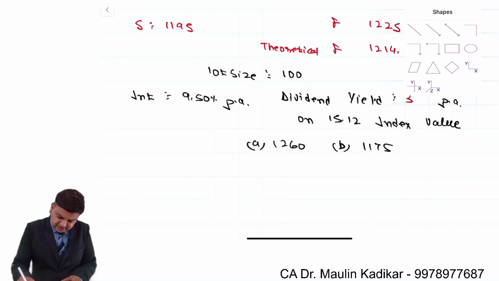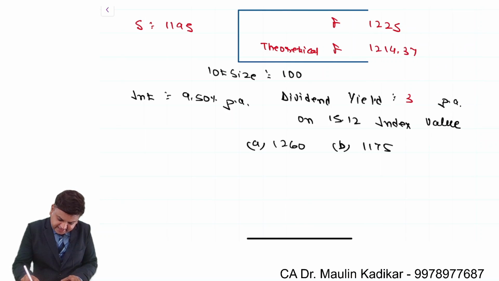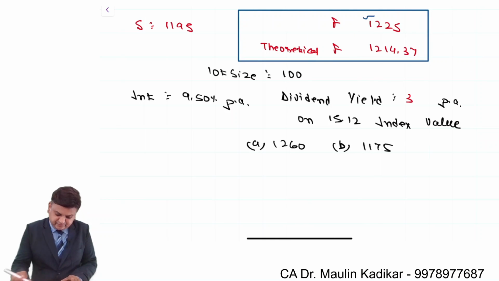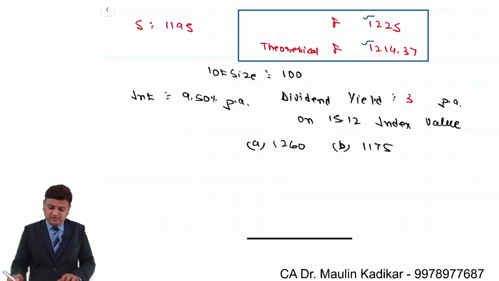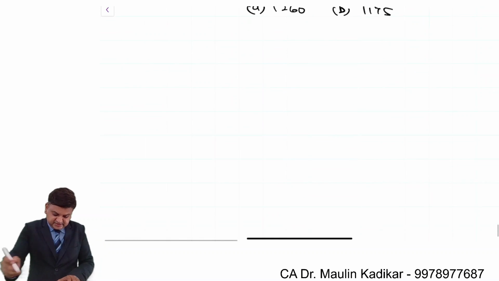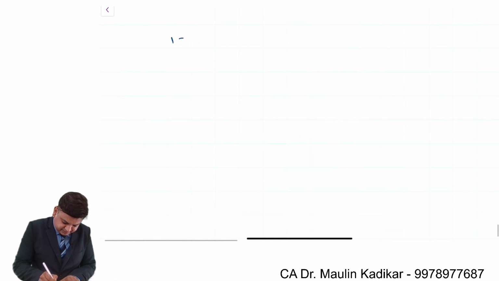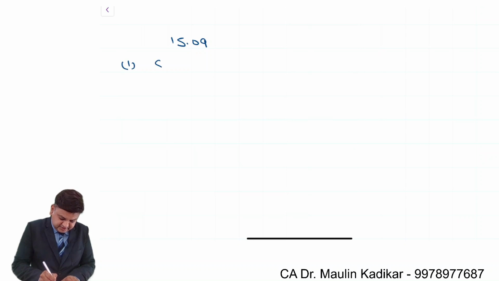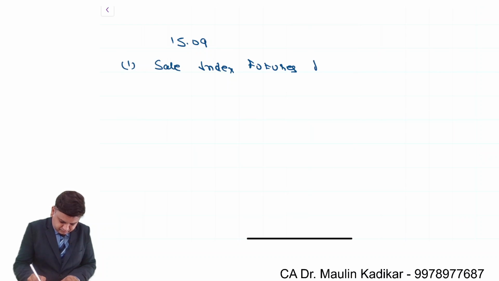Dear students, we can see that the actual forward price is 1225. It is exceeding the theoretical forward price. So we should enter into the transaction for sale of index. On 15th of September, the first thing that we will do is sell index futures for 15th of December at the rate of 1225.